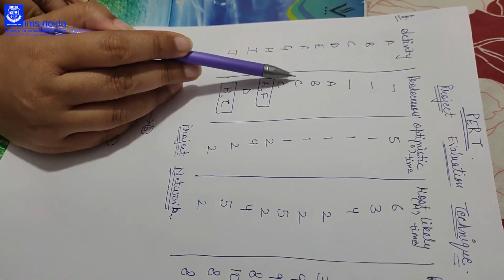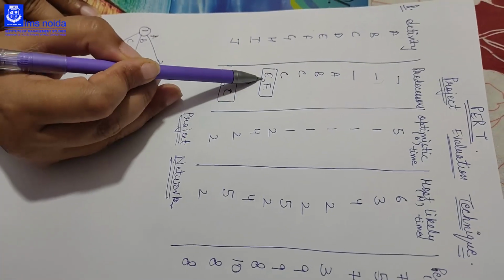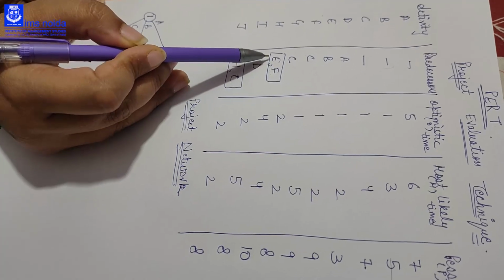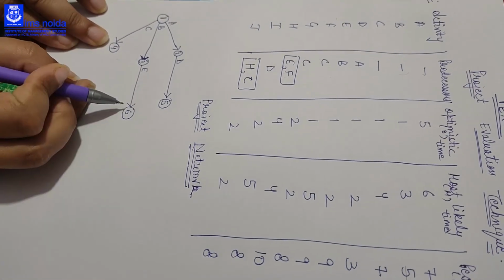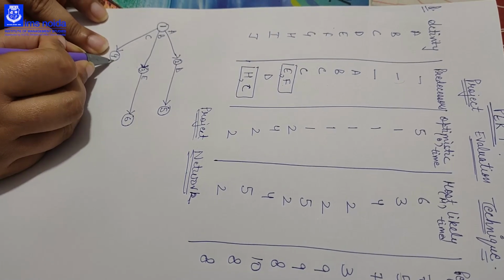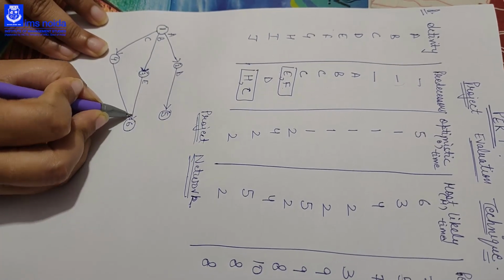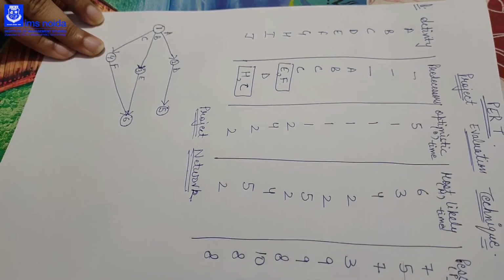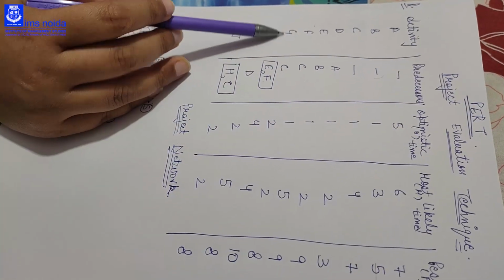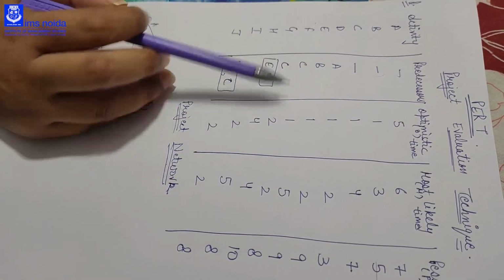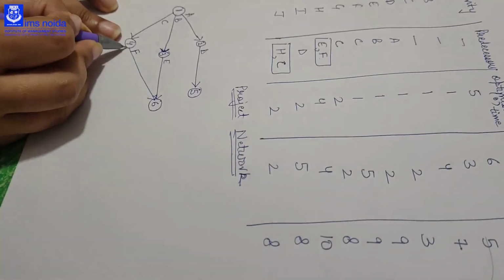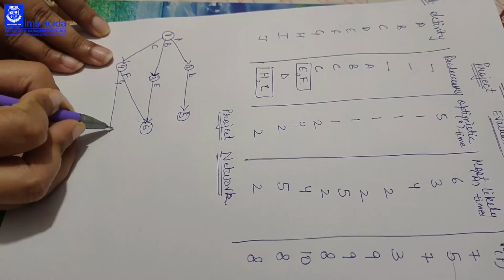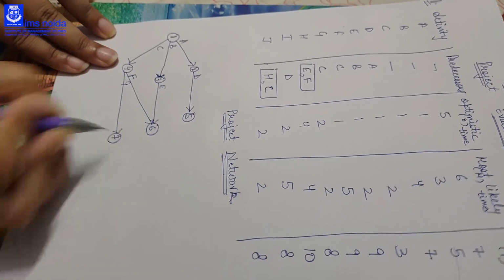Then F is starting with C, but it is combined with E. So we will start F with C and combine it with the node of E. Then you can see G starting with C and nothing is combined earlier with G. So we will start G with C and give it node 7.